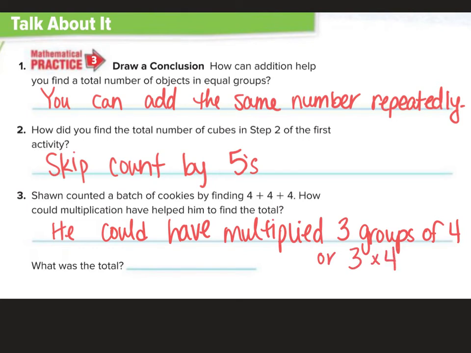Whenever I read a multiplication sentence, I would say 3 groups of 4. Whenever I see that multiplication sign, I say groups of. So what is 3 groups of 4? If I'm skip counting by 4s, I could say 4, 8, 12. So the total was 12 cookies. That's how many cookies he has. Yum.